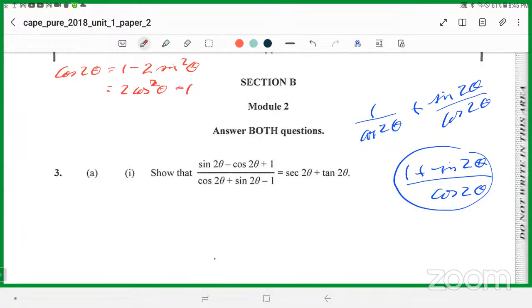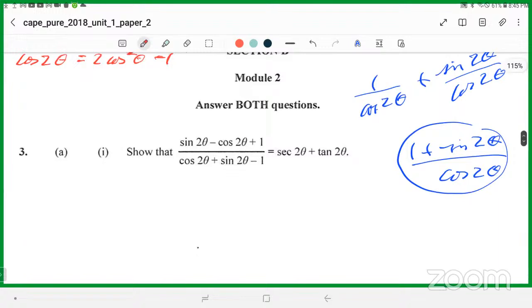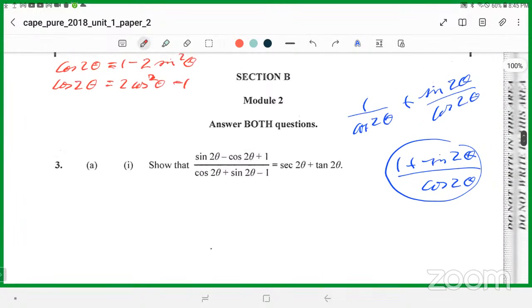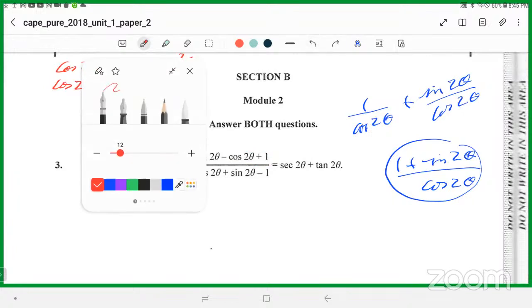Those are 2 ways cos 2 theta can be written. The thing is that this is a minus cos 2 theta. So I can decide to factorize the minus from it, and put it with a 1 here. So let me show you what I'm talking about now.